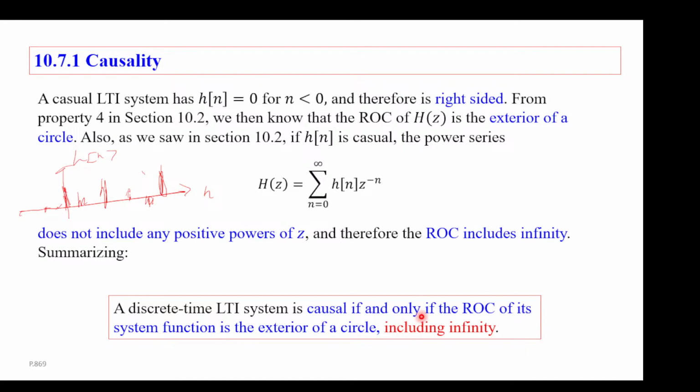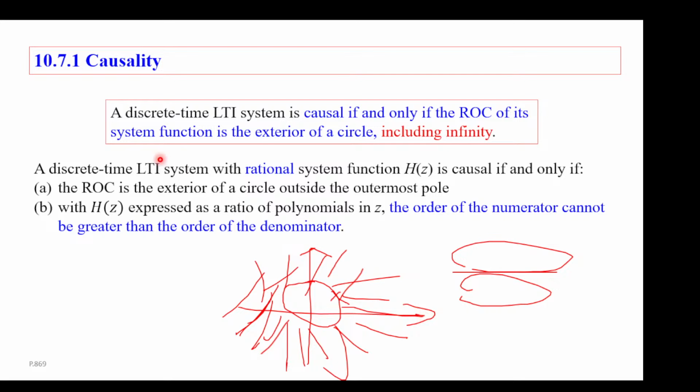The other thing is we can check what happens if the system is rational. Then checking is a bit easier. For rational, we also want to check these two conditions. First, we want to check that the ROC is outside of the outermost pole, and then that it includes infinity. For a rational system, it can be checked pretty easily because the rational system is some polynomial divided by another polynomial.